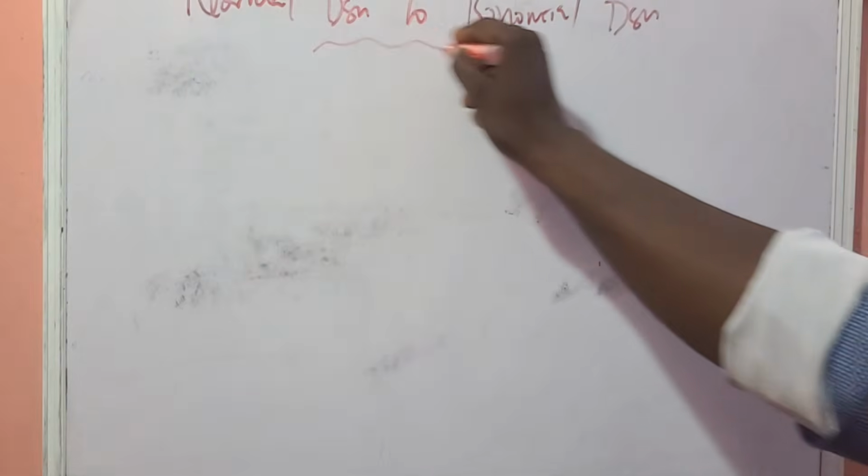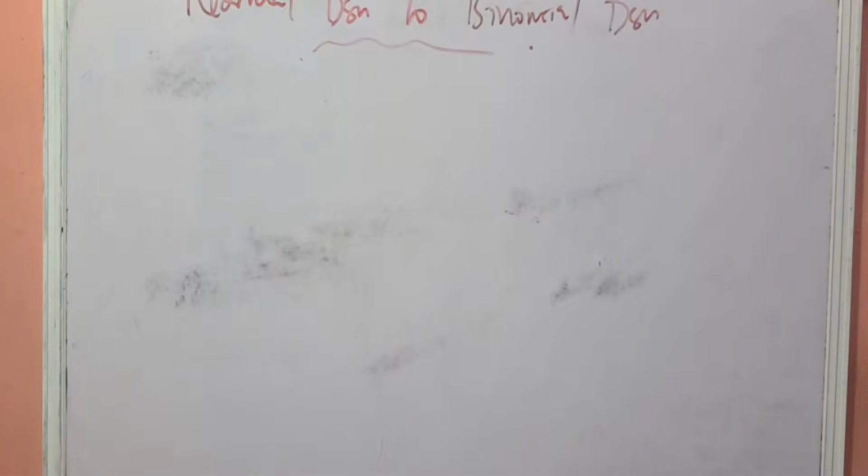For instance, we have dealt with a situation where you had a binomial distribution, but instead of making use of binomial, we'll be making use of Poisson.